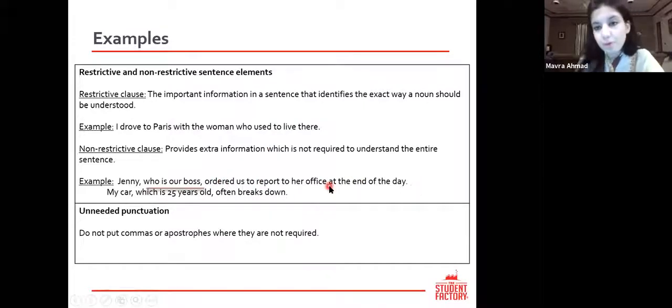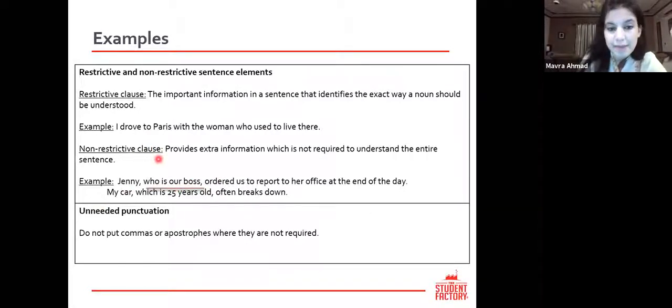We usually report to our seniors in an office, to our management, the higher management. तो ये तो obvious है कि Jenny जो है, this is a person who has more authority than the people who are being mentioned within the sentence, right? So ये who is our boss is non-restrictive because this is not essential information that is required to understand the sentence.